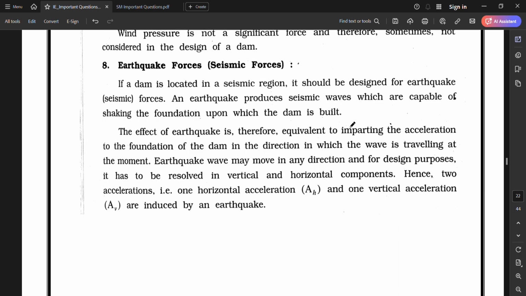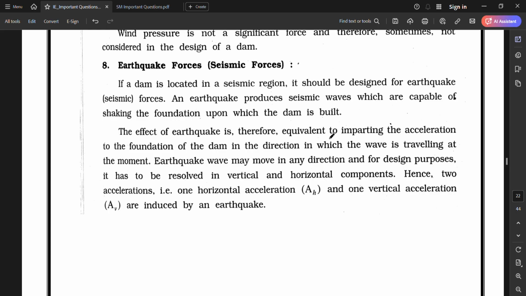Eighth is the earthquake forces. If a dam is located in seismic regions, it should be designed for earthquake seismic forces, and an earthquake produces seismic waves, which are capable of shaking the foundation upon which the dam is built. The effect of an earthquake is therefore equivalent to imparting accelerations to the foundation of the dam in the direction in which the wave is traveling at the moment.